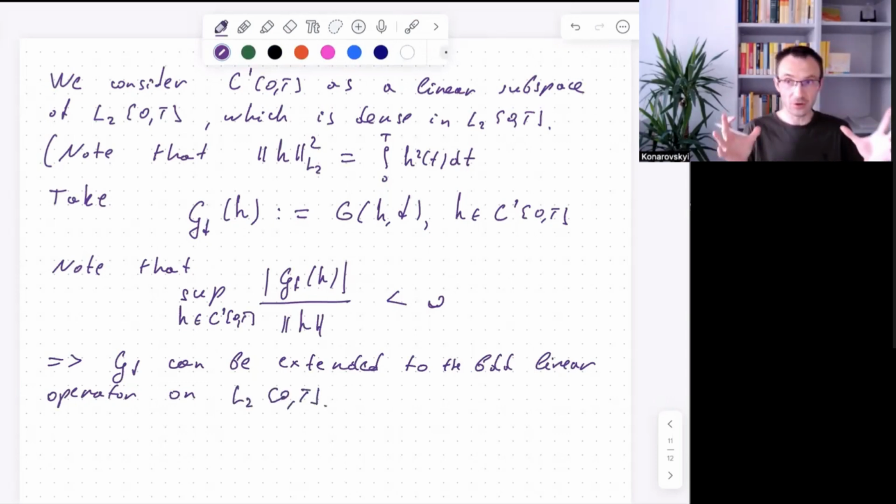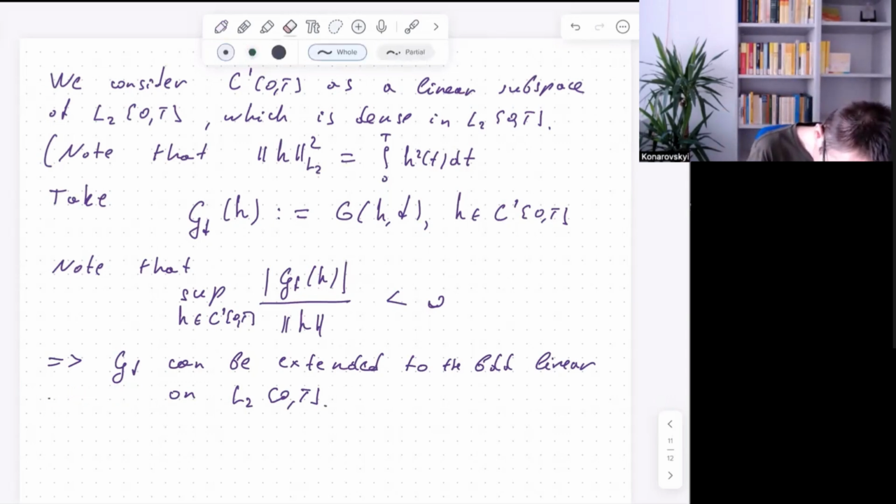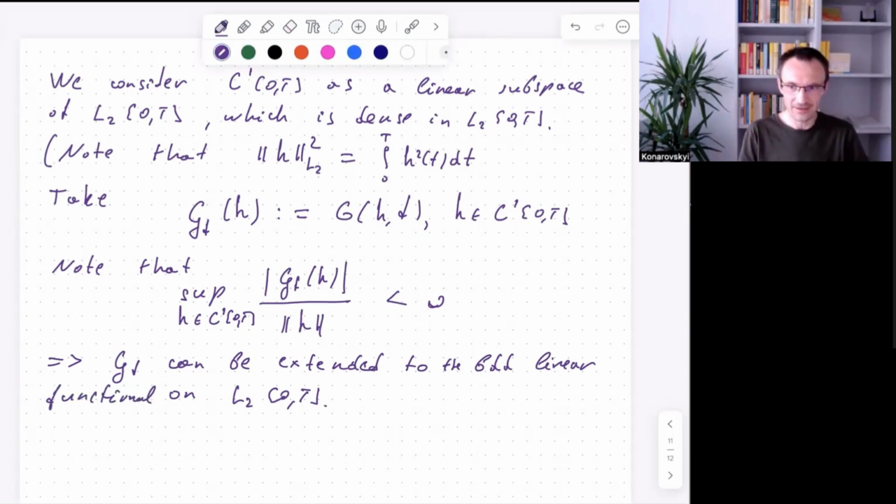But what we know about bounded, or continuous, linear operator, I'm sorry, not linear operator, linear functional. Its values are numbers, right? Functional. But what we know about continuous linear functionals on a Hilbert space is that each functional can be defined as an inner product with some element.